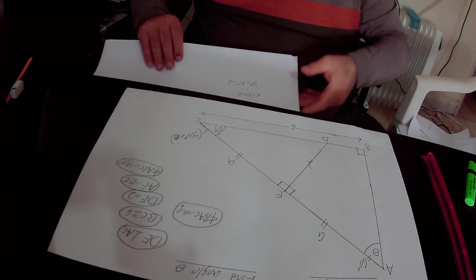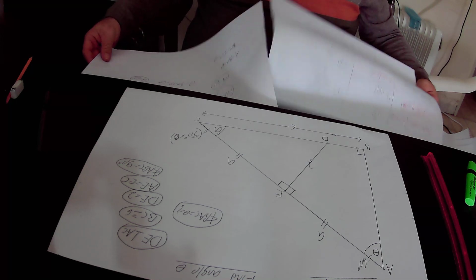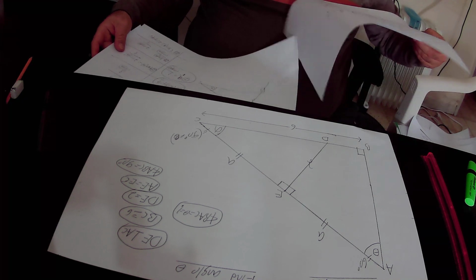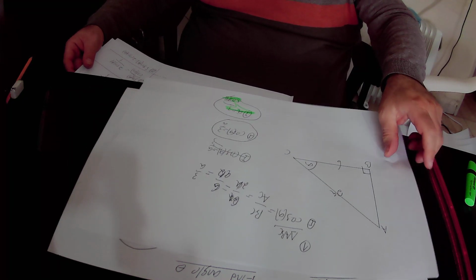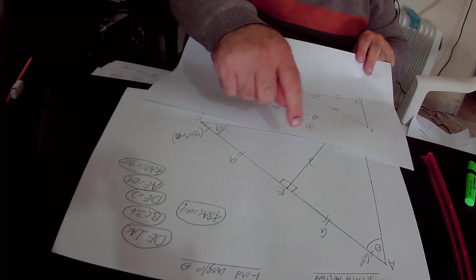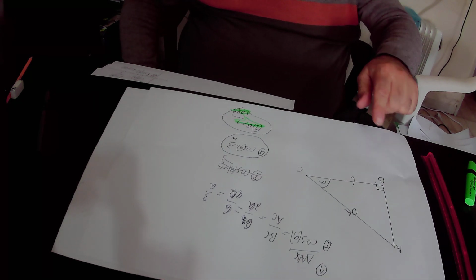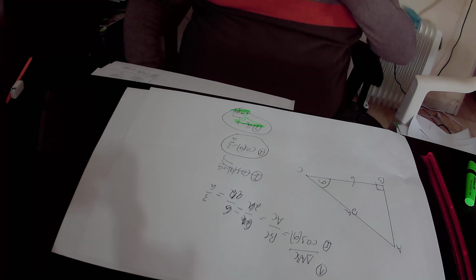This is the right triangle ABC. We know that A plus A is 2A, so the hypotenuse AC is equal to 2A. BC equals 6, as given in the question.